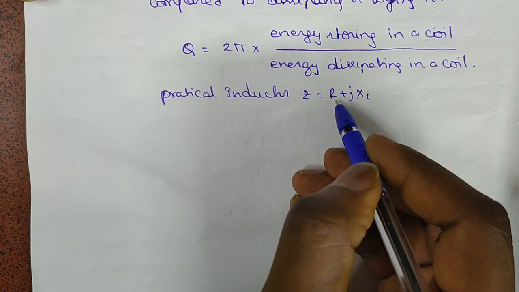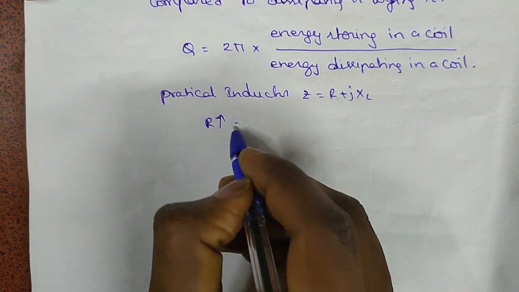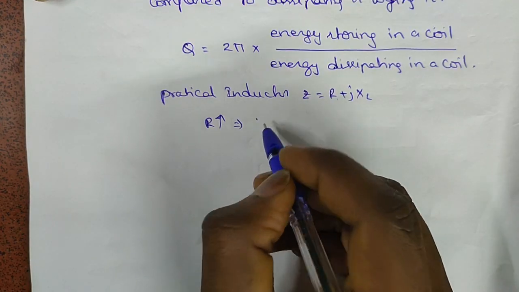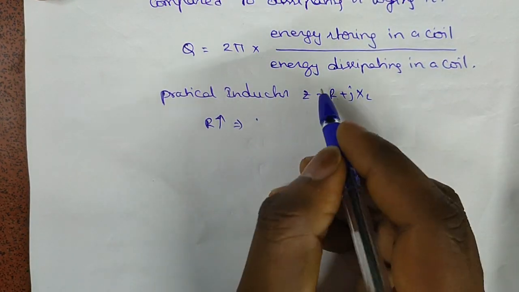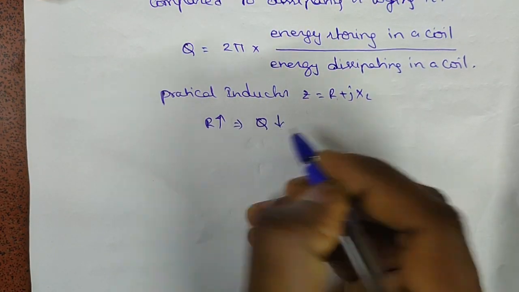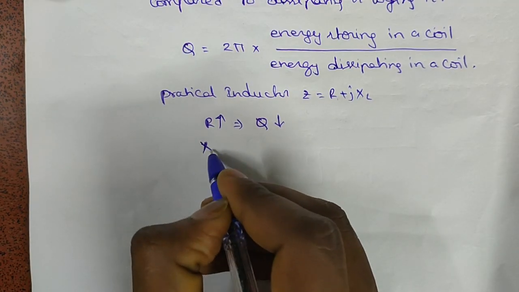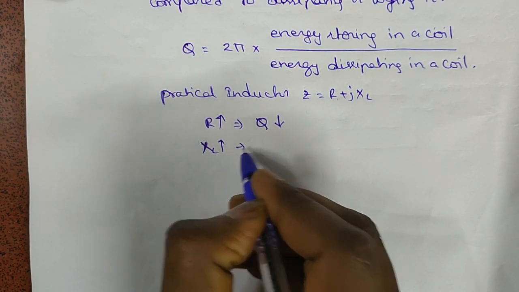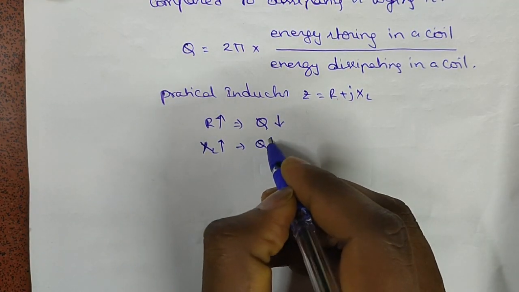That means there will be a resistance. If resistance is high, then dissipation of energy will be more rather than storing the energy. So Q value will be less. When XL value is more, then storing capacity will be more, then the Q value will be increasing.